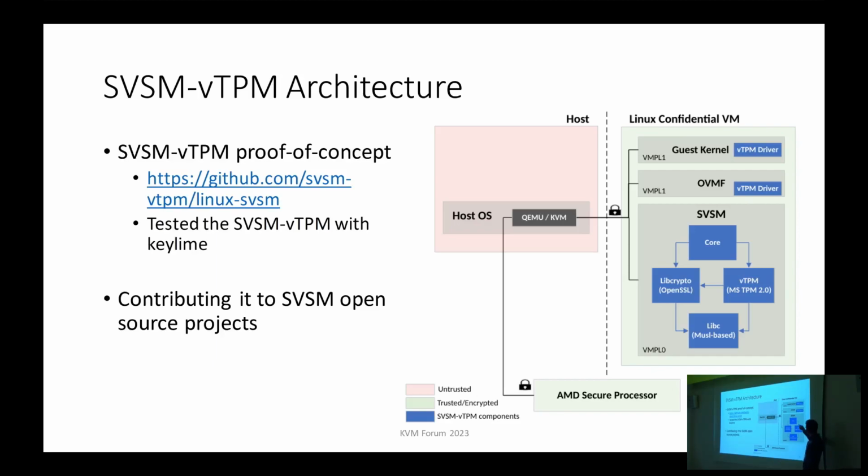Both the core and the VTPM depend on crypto functions, crypto support. That's why we have OpenSSL there. Currently, everything is running inside the AMD SVSM, in VMPL 0, CPL 0.